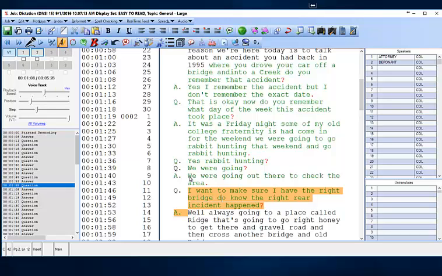I want to do Control D, and instead of incident, it's accident, happened, okay.